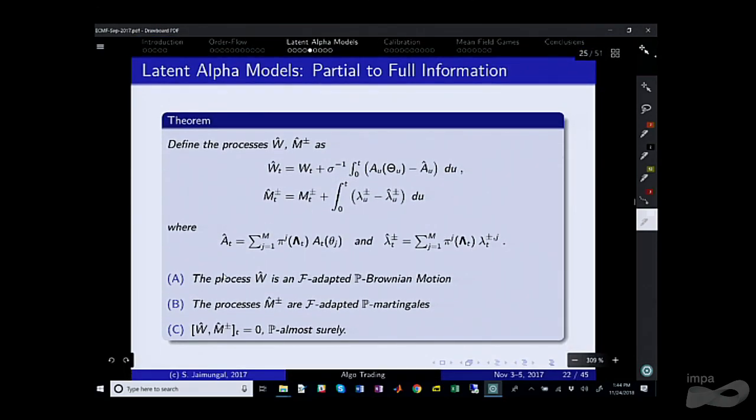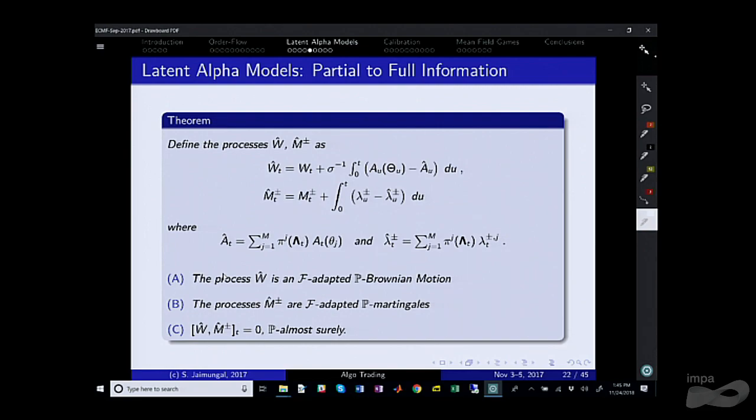Okay, the next piece that you need to do is you need to, in some sense, project the stochastic processes that you have, which are adapted to this large filtration, onto the filtration that you have access to. So you need to show that, in fact, there exists some Brownian motion, W hat, and some counting process, M hat, which are F-adapted and have the properties that we want.